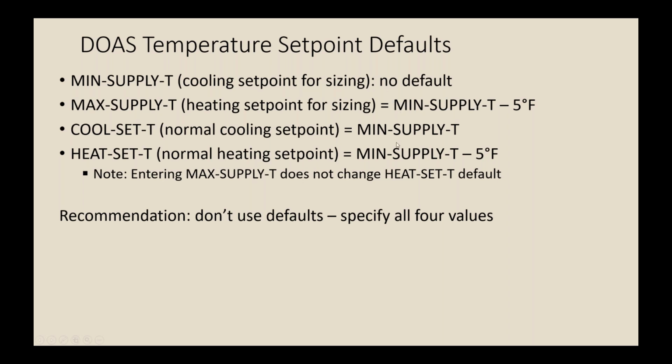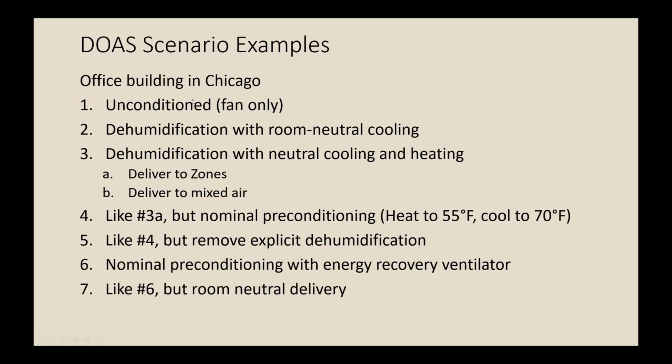The defaults for max supply T, cool set T and heat set T are based on the min supply T, and they may not always be what you intuitively expect. The thing that tripped me up is that the max supply T defaults based on the min supply T, not on the heat set T. So my recommendation is don't use the defaults for any of those; just specify all 4 of those values, and you won't get unexpected results.